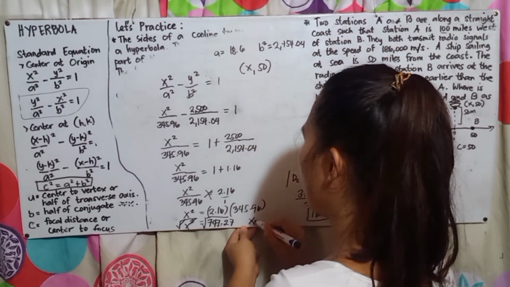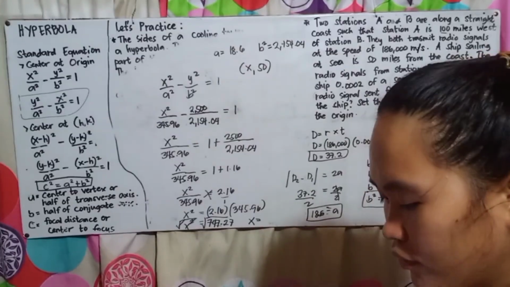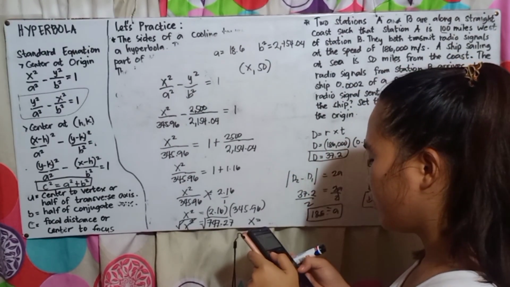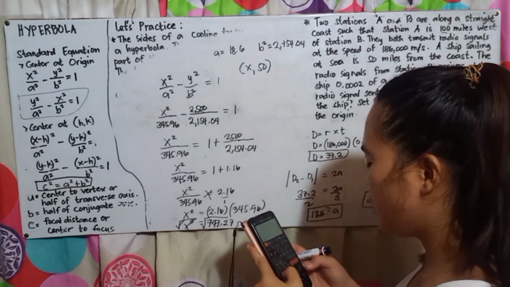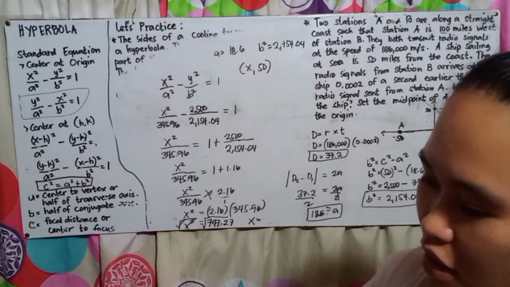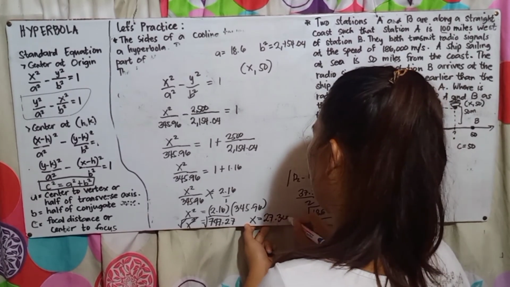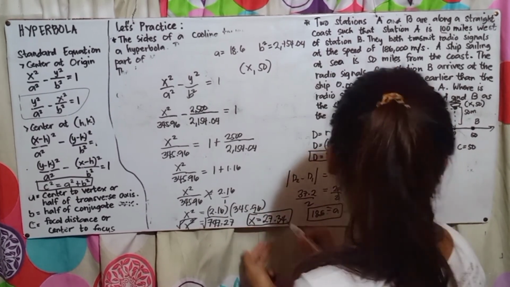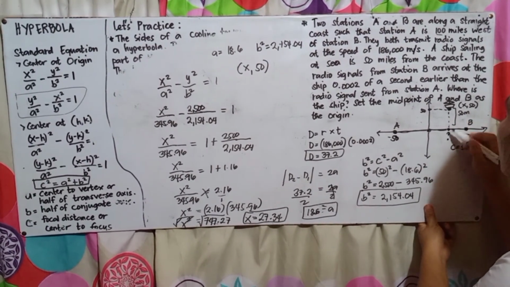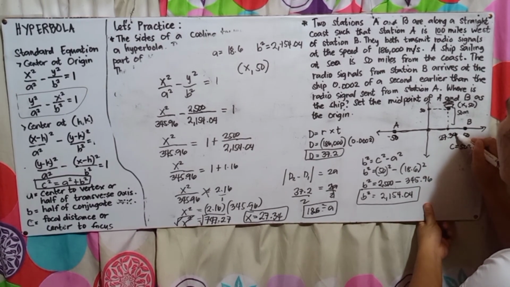So x equals the square root of 747.27. The answer is 27.34, rounded off to 2 decimal places. Therefore, the ship is at the point x equals 27.34.